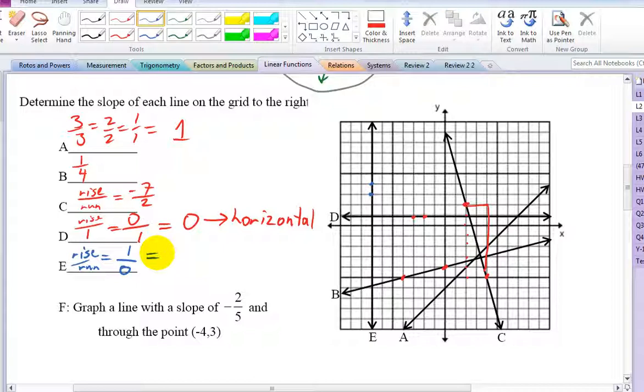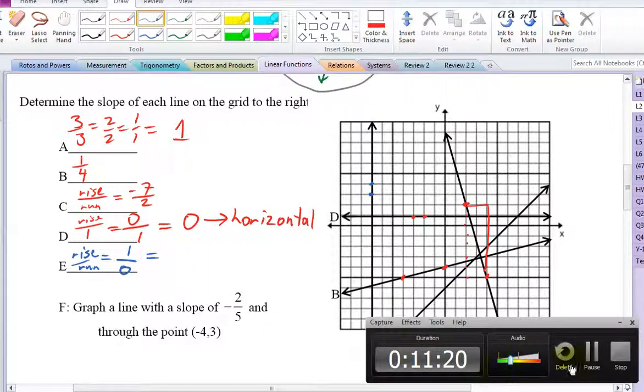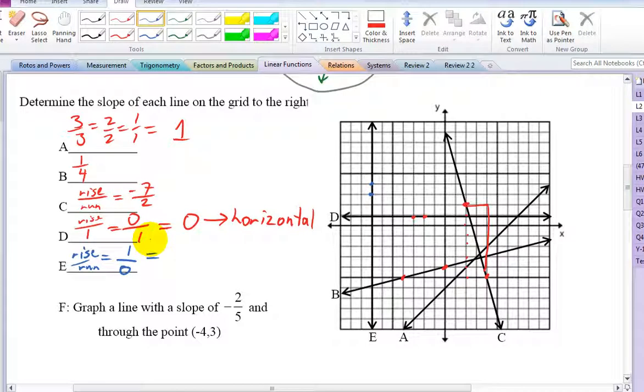Actually do it. Oh, it's not 0. Tricky, tricky. What is it? This is undefined. You have no run, then you're undefined.